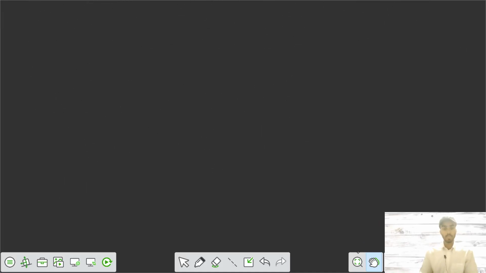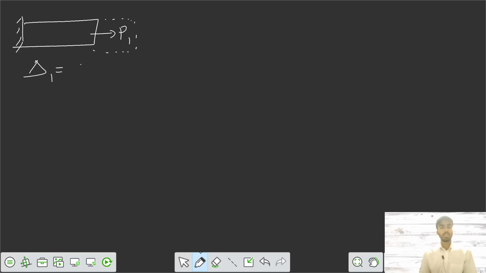So let's say you have a beam, this one member, then you apply force P1. We already know the deformation, displacement, elongation. Say this one is your elongation delta 1. It equals P1 L1 by A1 E. This one is your PL by AE.